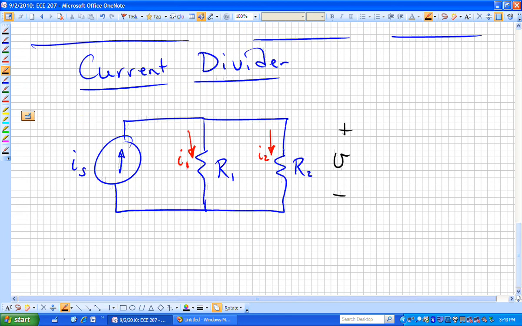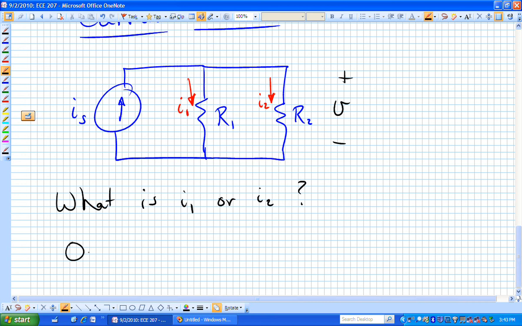We want to know what is I1 or I2, and now we've learned to anticipate that if R1 is bigger than R2, I1 should be less than I2. That's what we are expecting. And it's always nice to anticipate the result.